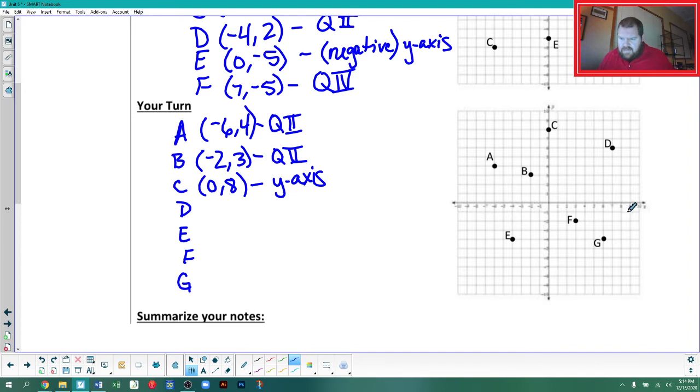Point D is at 7, 6, I believe. 1, 2, 3, 4, 5, 6. Yeah, I can't see those numbers. 7, 6, and that's in Q1. E is at -4, -4.